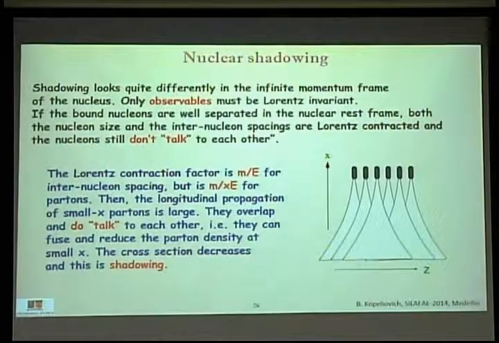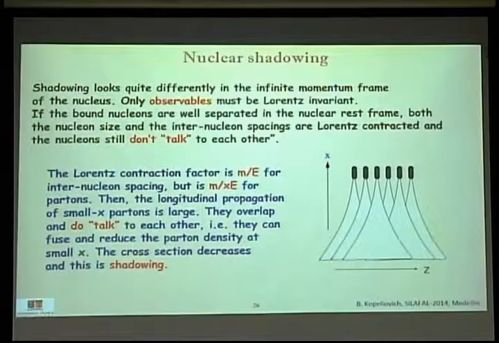And the last point is nuclear shadowing. And nuclear shadowing is tightly related to diffractive physics. It's nearly the same. Let me start with a different interpretation of nuclear shadowing. One interpretation that is pretty popular is for a highly energetic nucleus moving with large energy compared to its mass.